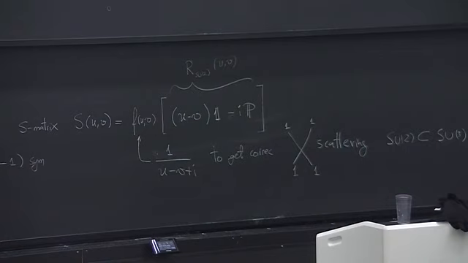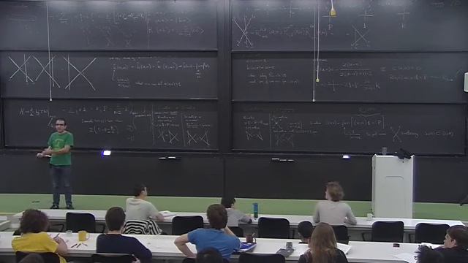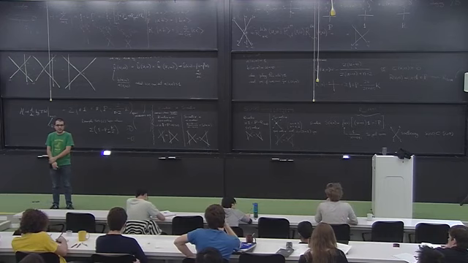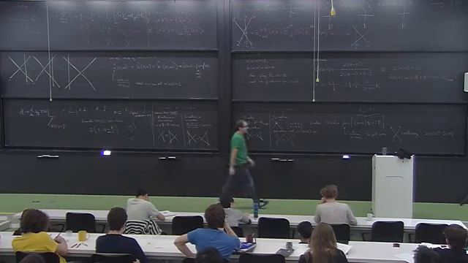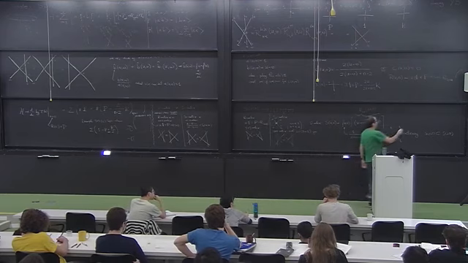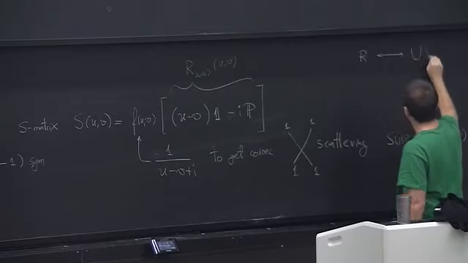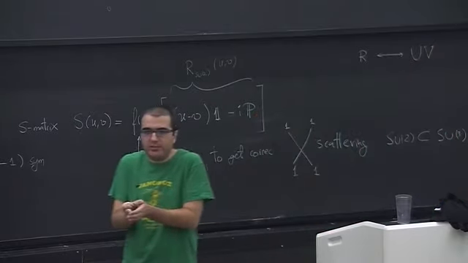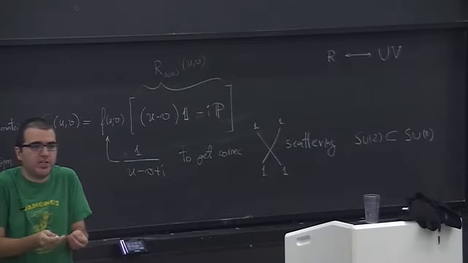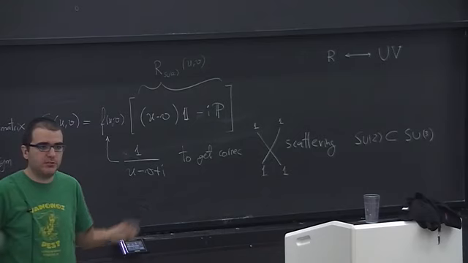And more generally, you see that the f of an SUN spin chain is proportional to the R matrix of an SUN minus 1 spin chain. Okay? So physically, the R matrix is kind of related to the UV of the theory, a microscopic ingredient out of which you construct your spin chain, something out of which you take log derivatives and you start building your spin chain.